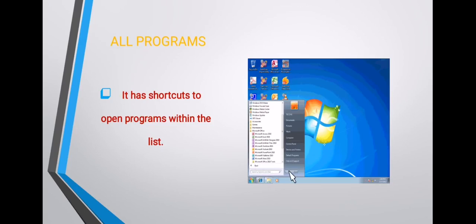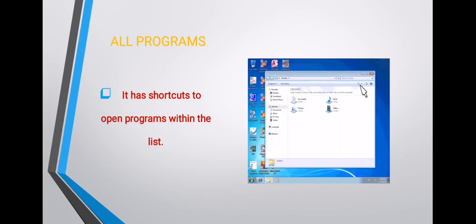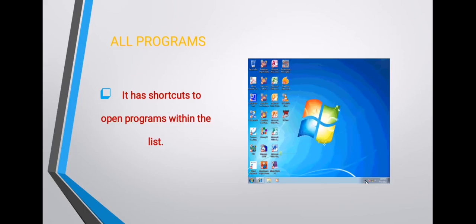Likewise, in the all programs option, the programs are available in a list, like shortcuts. Otherwise you can go to the particular application and open the program. There are two ways to open a program. If you created a shortcut, the program is available in the all programs list, so you can open it from the list.